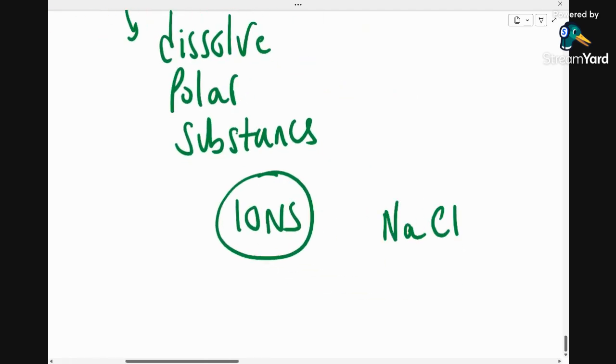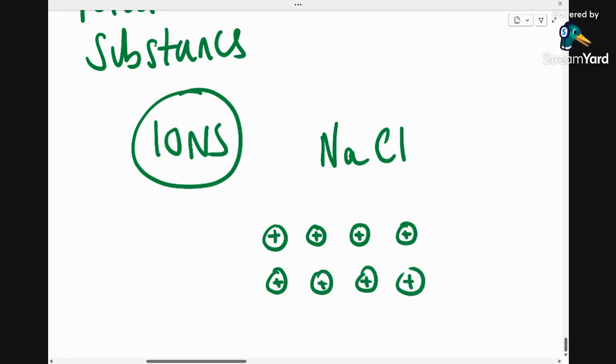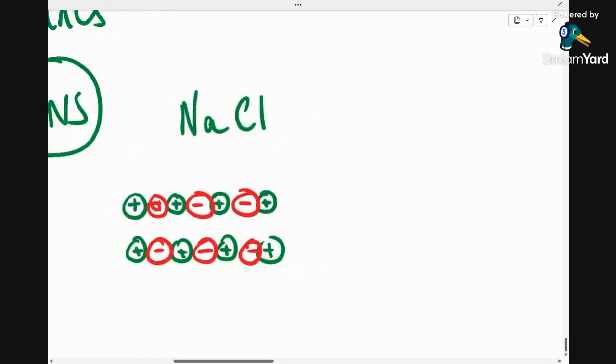So something like sodium chloride, don't forget, is made up of a lattice of your positively charged sodiums interspersed, in a giant lattice structure, with your negatively charged chloride ions. I'll just put negatives actually, like that. And what happens is this all gets broken up in water.